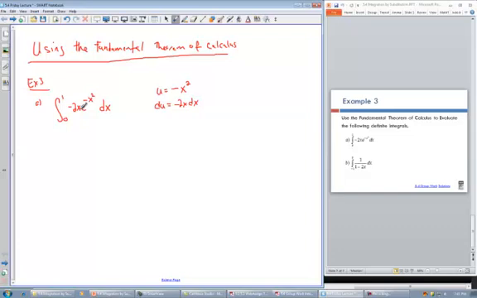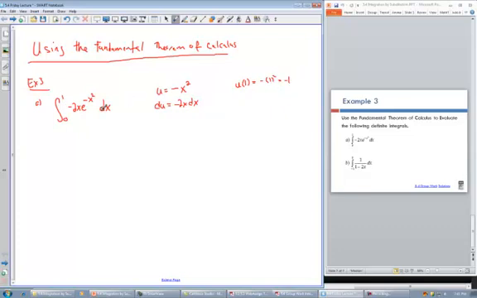But before I plug back in over here, I need to change these limits of integration because these are really x stuff. And if I substitute back in, I change it to u stuff. So I have to change this 1 into u stuff. So the idea is u is a function of x. So u of 1 is equal to, you plug 1 into x, this is minus 1 squared, which is minus 1.